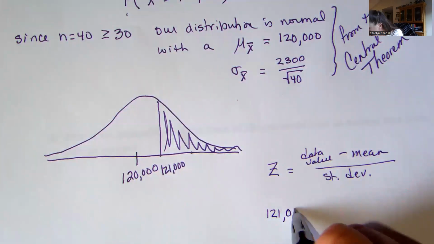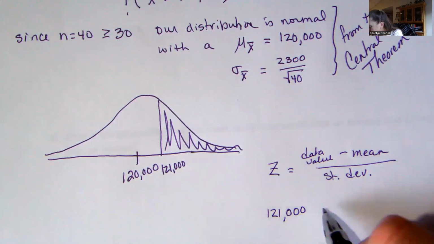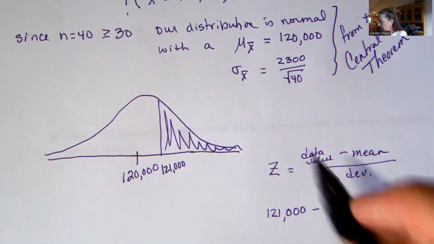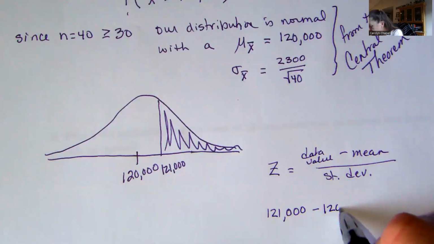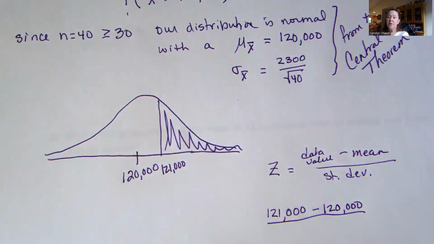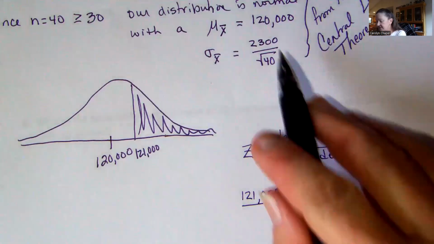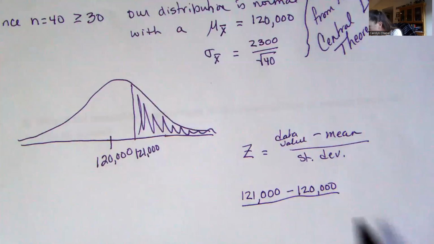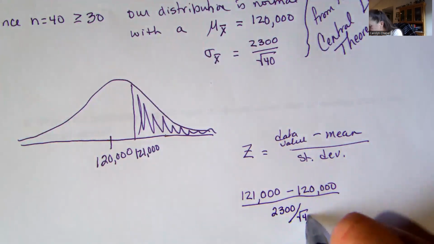That's the question in play. That's the boundary value. Our mean is going to be the mean of X bar, but that's the same as the mean from before, so that doesn't really change. But our standard deviation for X bar does. So we're not going to be dividing by just the 2300. We have to divide by 2300 divided by the square root of 40.